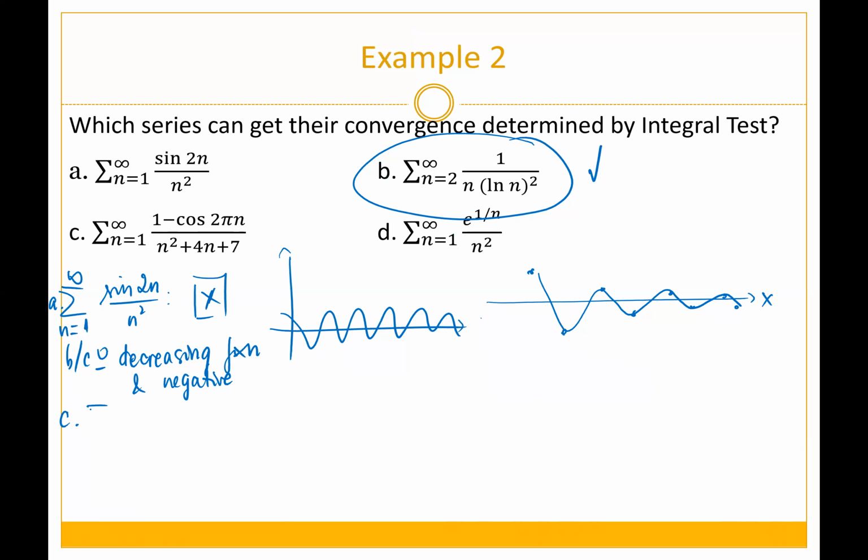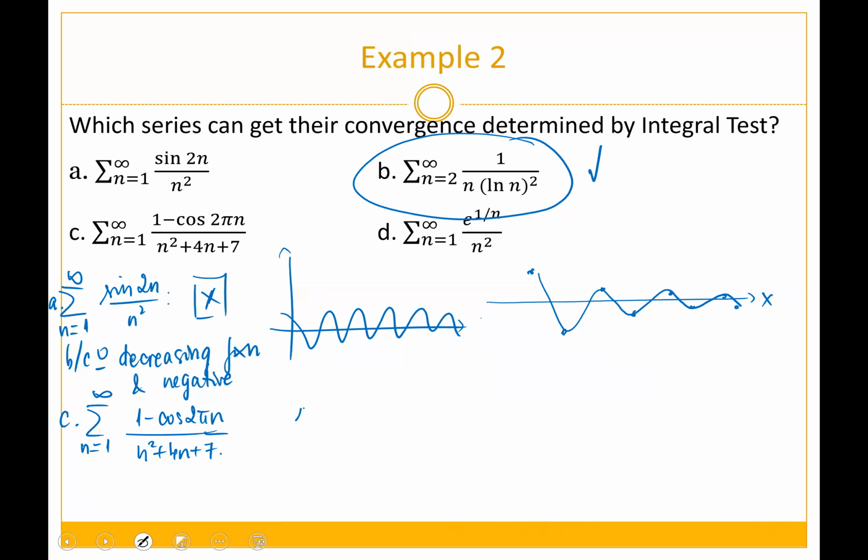For C, you have the series from n equals 1 to infinity of 1 minus cosine 2 pi n divided by n squared plus 4n plus 7. Again, the denominator is always positive, so no need to care about that. Now look at the numerator.